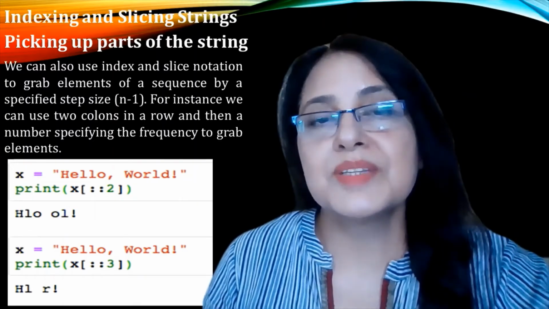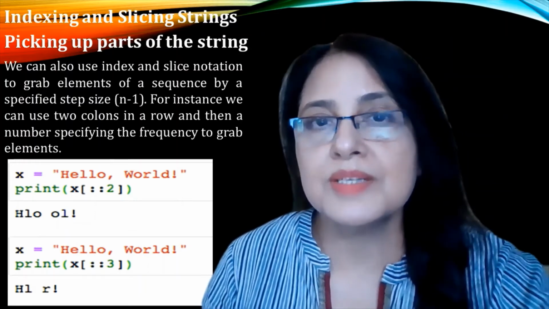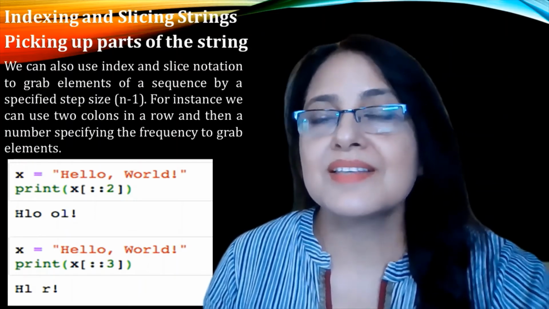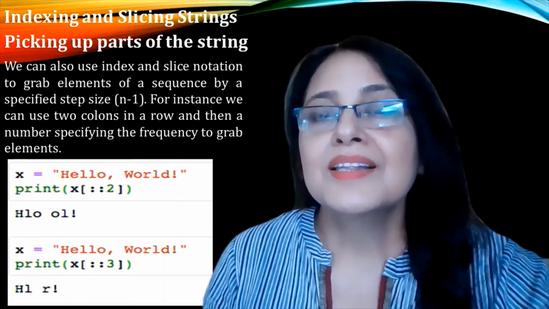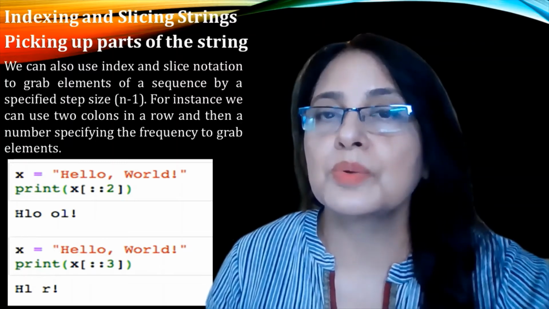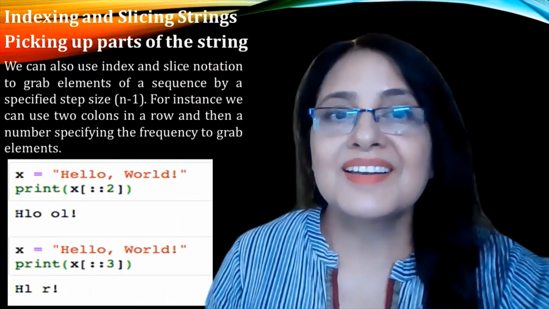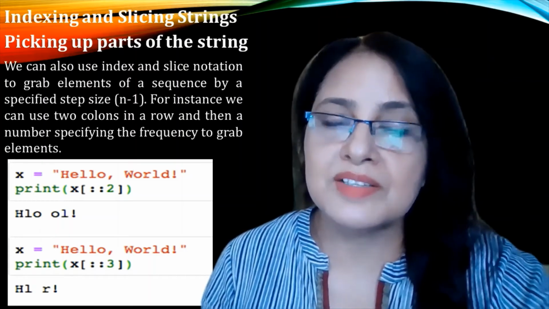So let's do this with an example where we have a string x which is equal to hello world. And we say print x and give 2 colons followed by n. The step size here is always going to be n minus 1. So in this case, it will be 1. It will give us an output with the index 0 and ignore index 1.